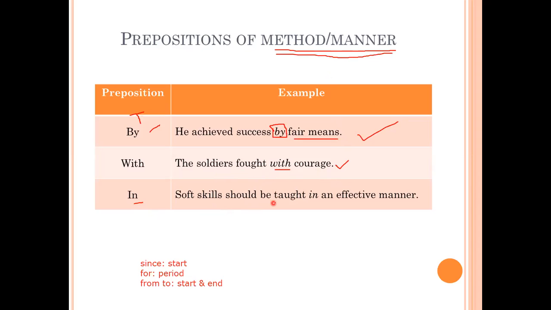Soft skills should be taught in an effective manner. How? In an effective manner. Here it is referring to manner. This way we can use these prepositions which describe method or talk more about how a particular thing is done. See, here we are learning prepositions.